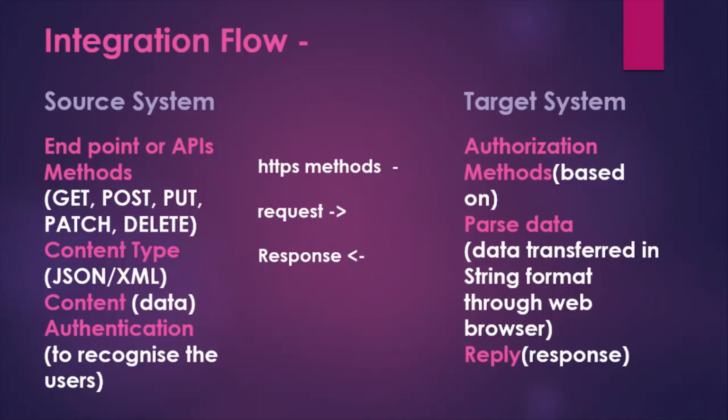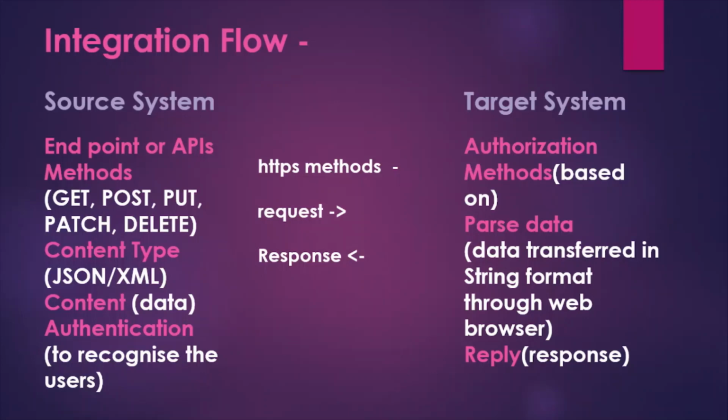Any kind of integration, complex or easy, follows this flow. First of all, we'll understand what is required in the source system. First we need either an endpoint or APIs.